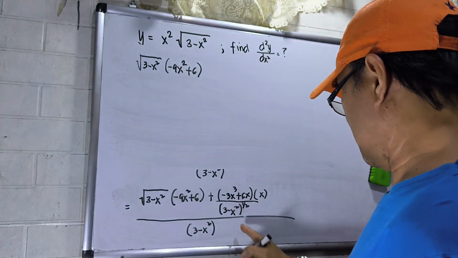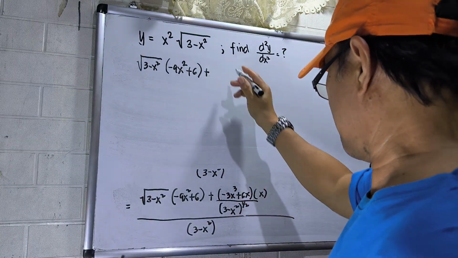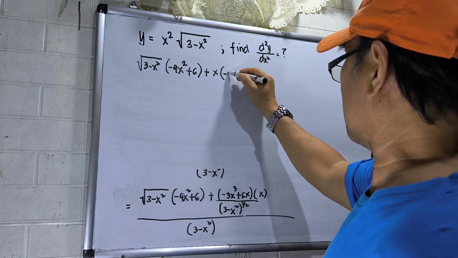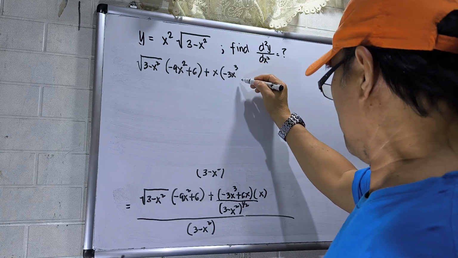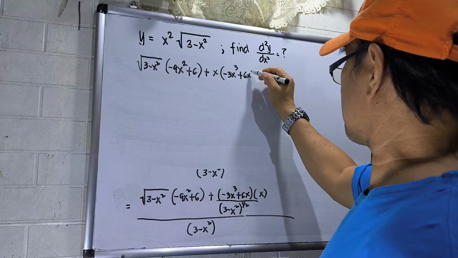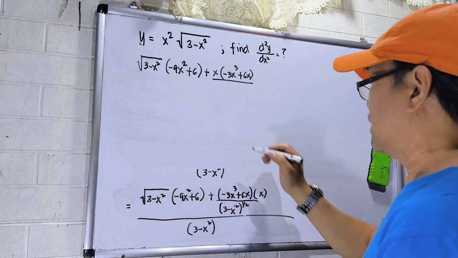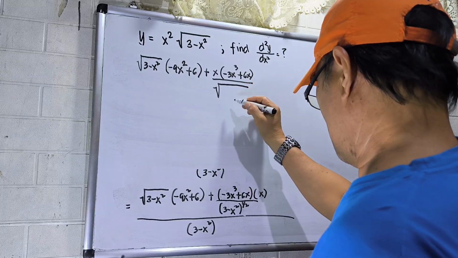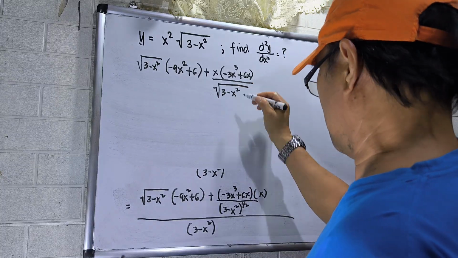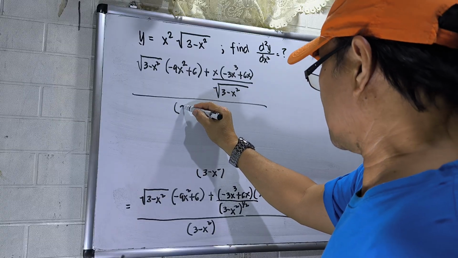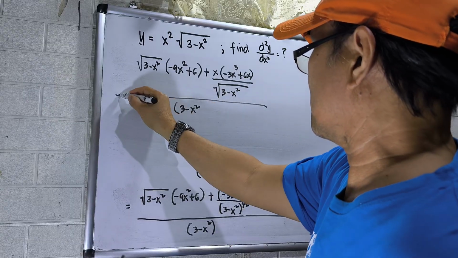Then this one will be plus x times negative 3x cubed plus 6x. Then as what I said, I will write this one in radical form. So this will be square root of 3 minus x squared over circle brackets 3 minus x squared. Okay?